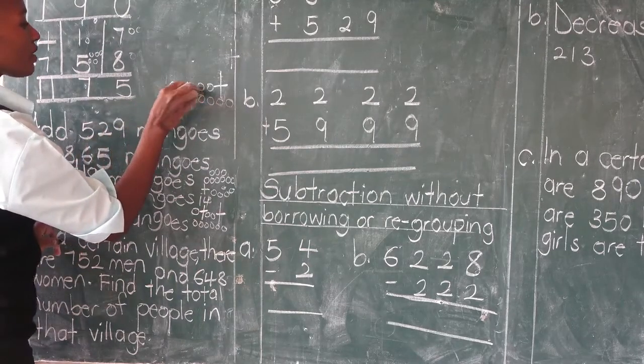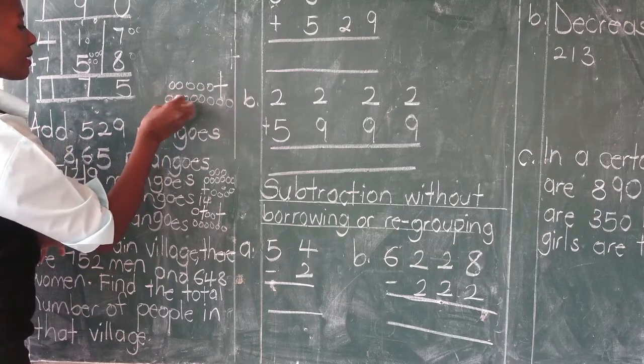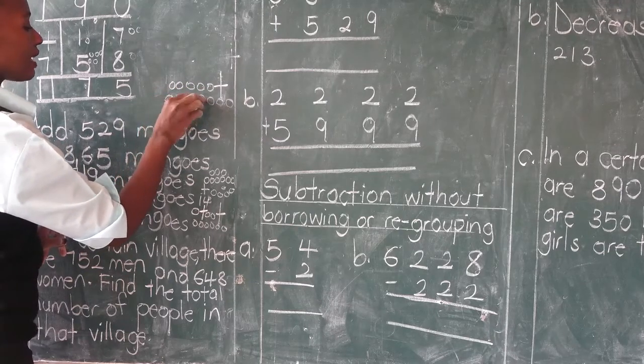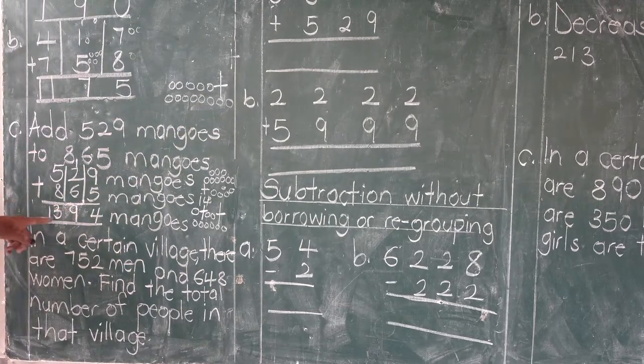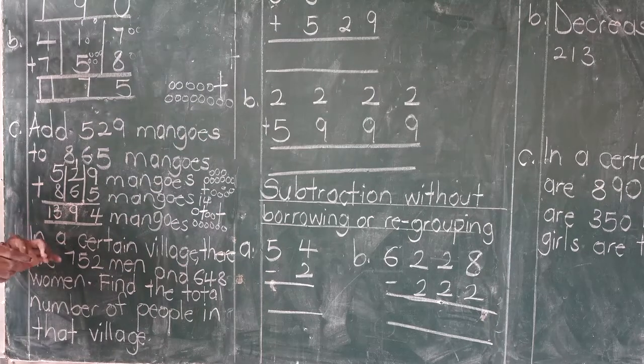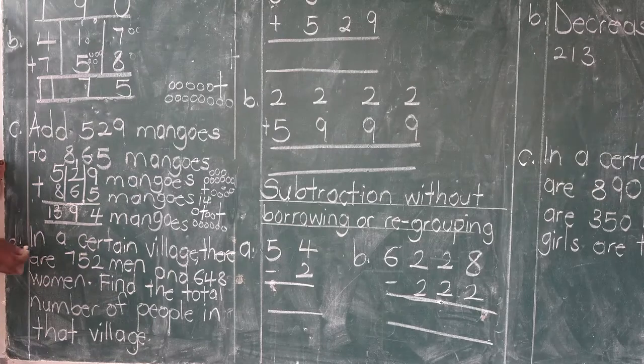We get 13. Now the answer is 1,394 mangoes. Okay.